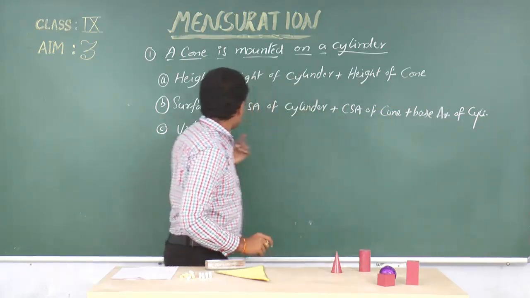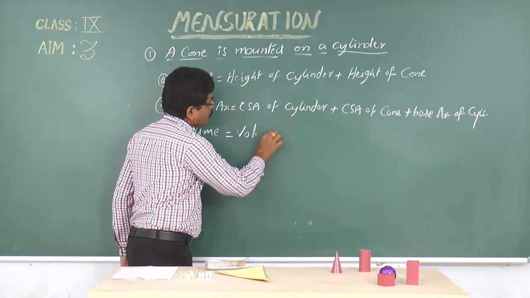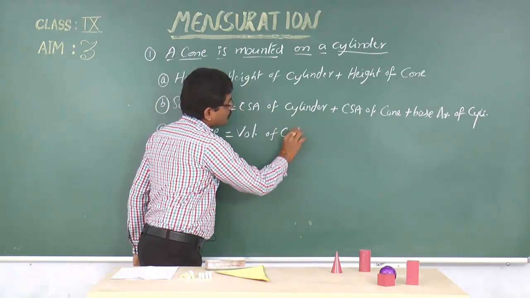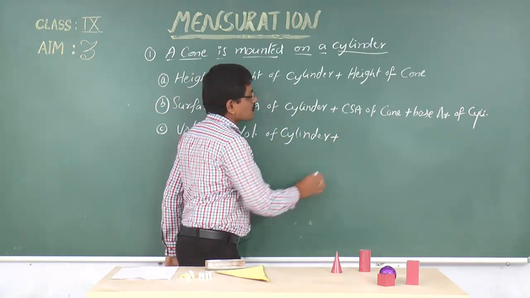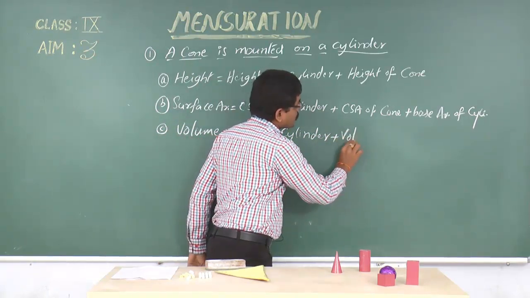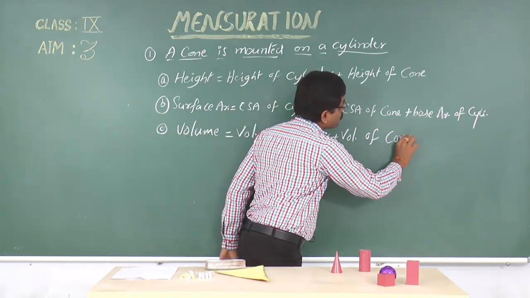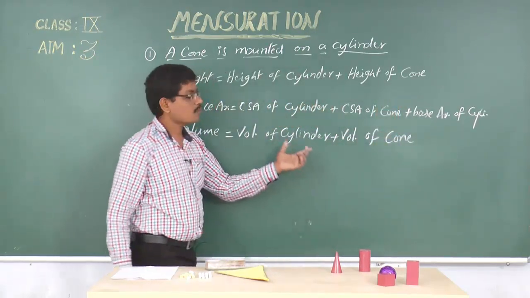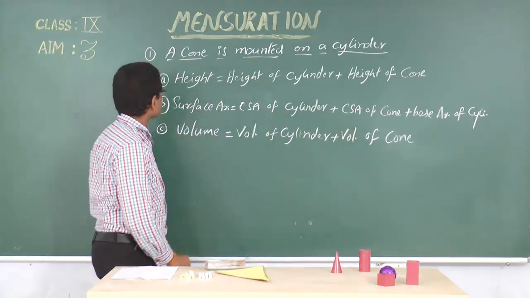So volume is equal to volume of cylinder plus volume of cone. Volume of cylinder plus volume of cone.